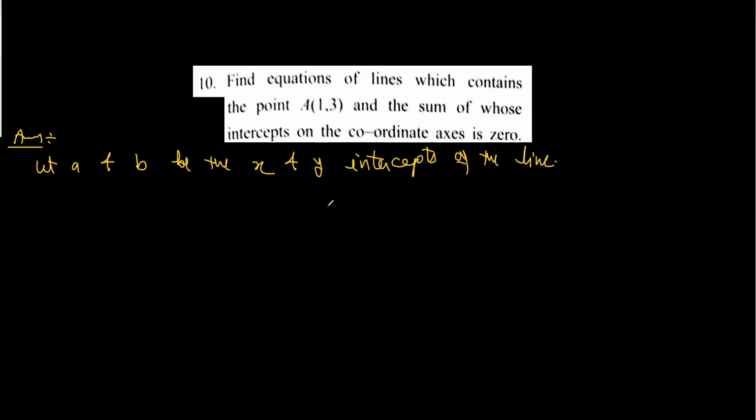What am I given? I am given the sum of the intercepts of the line on the coordinate axes, on the x-axis and y-axis, is 0. So here I can write, therefore, a plus b is 0. a is the x-intercept and b is the y-intercept.